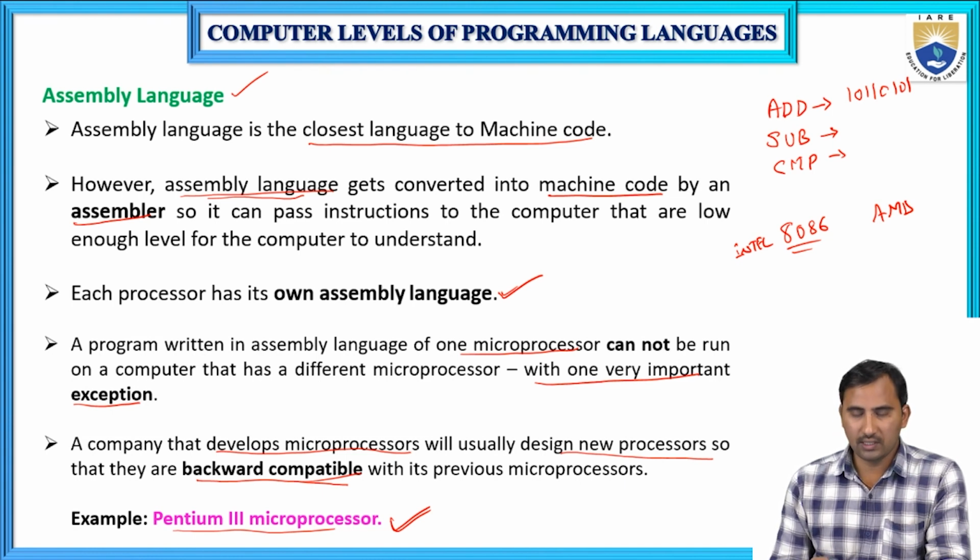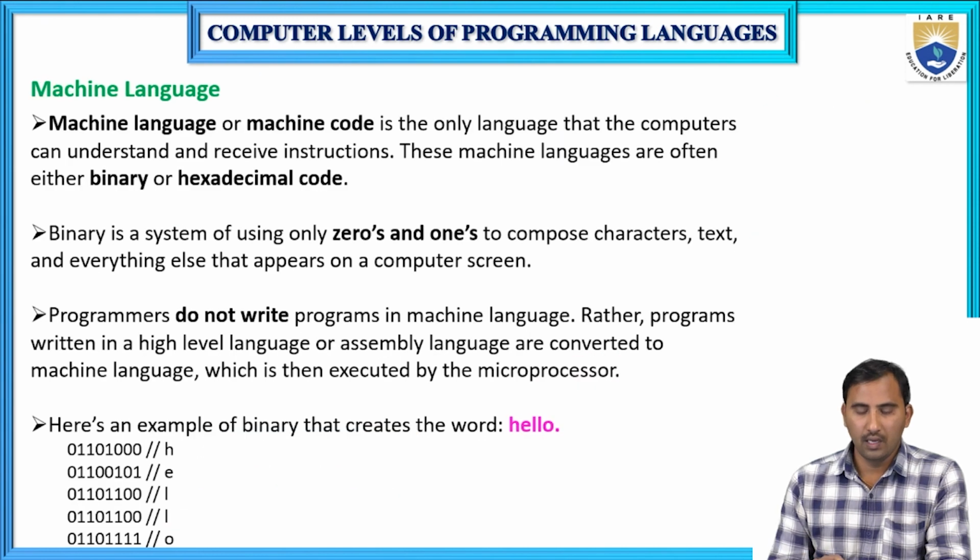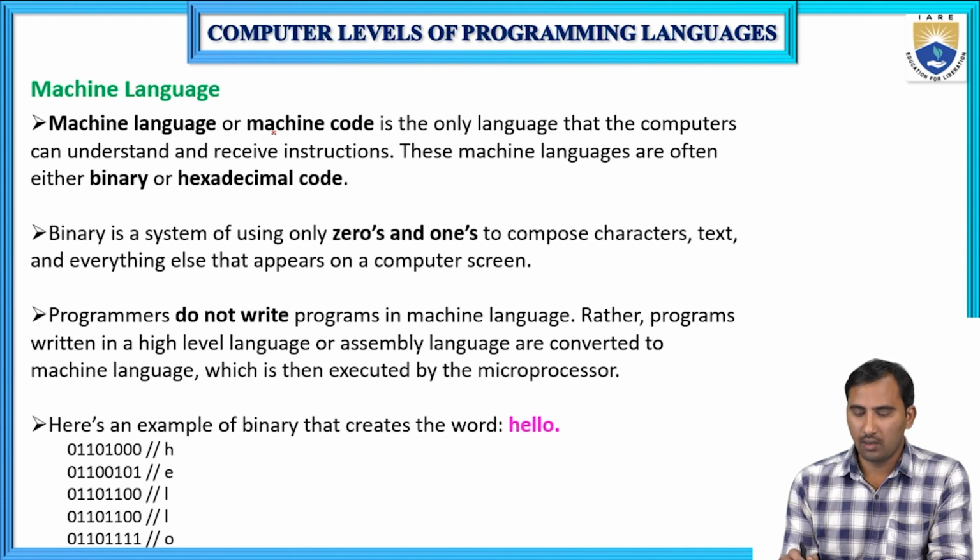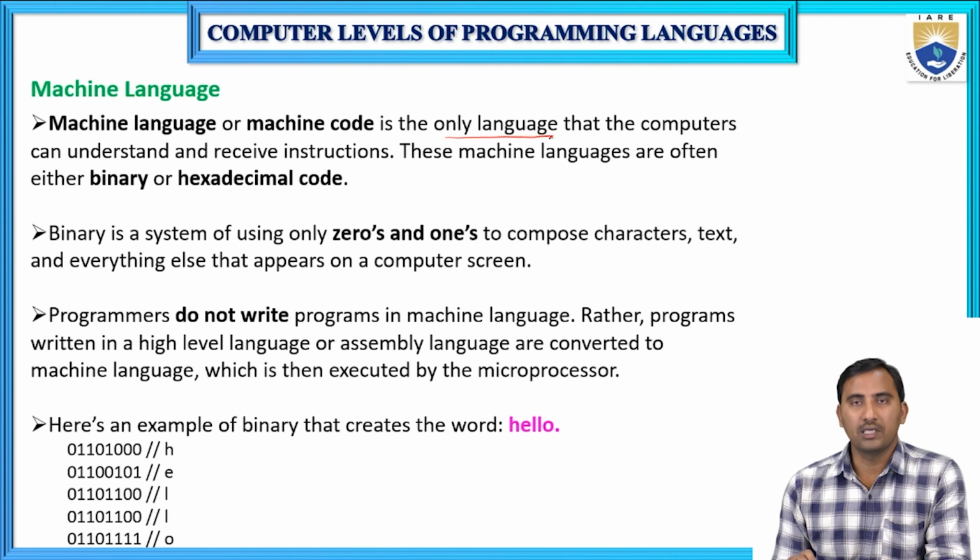So this is assembly language. Coming to machine language: machine language or machine code is the only language that computers can understand. Machine language is nothing but zeros and ones only.